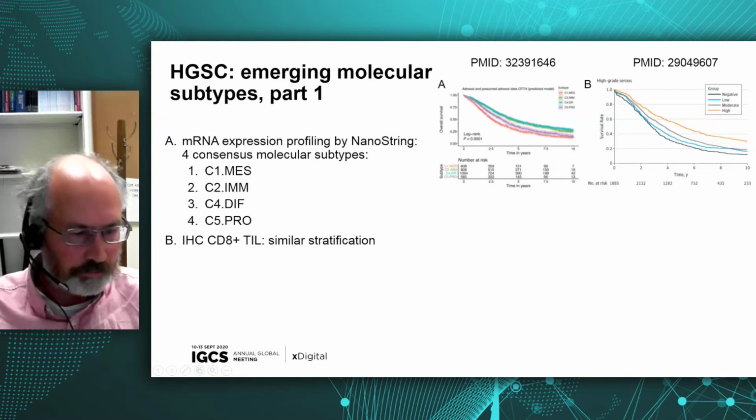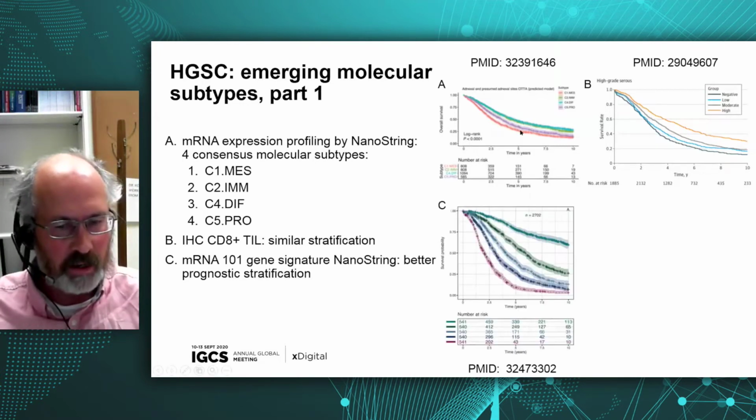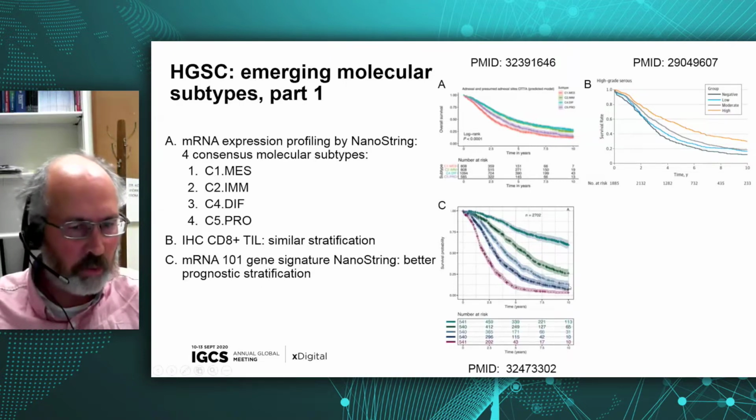While there's biologic information in the molecular subtype, another approach is shown in this study where a 101 gene signature, also assessed on the NanoString platform, was used to optimize against outcome. And a more continuous stratification in quintiles is shown here with a remarkable difference in 5-year survival.